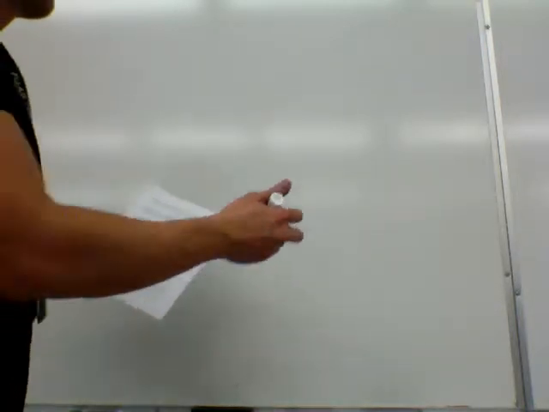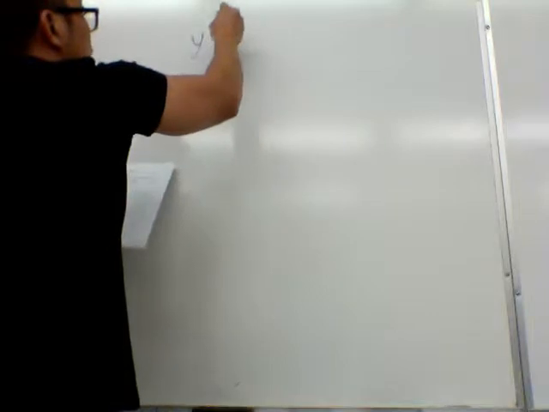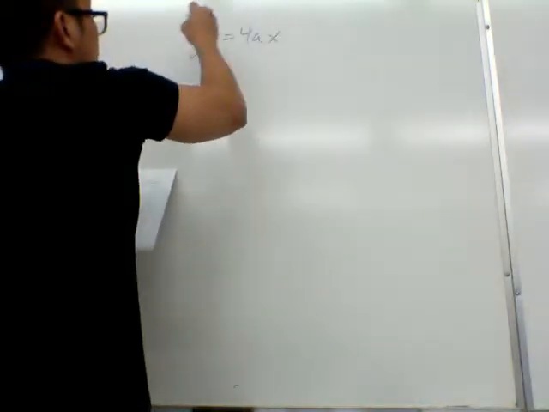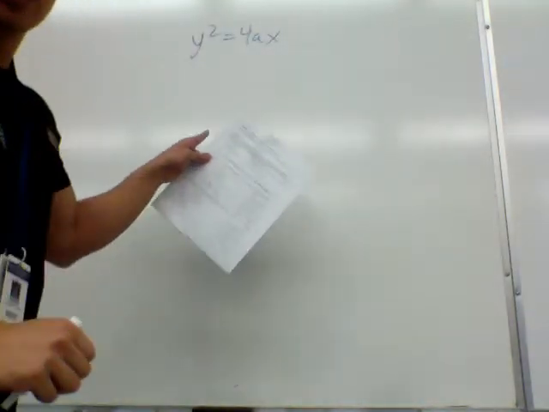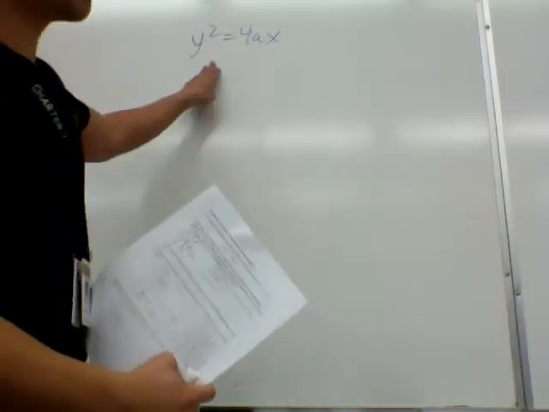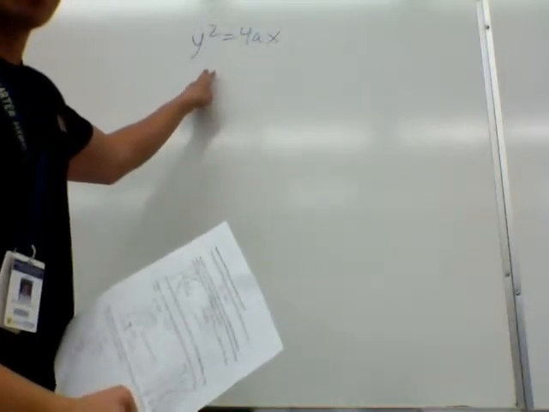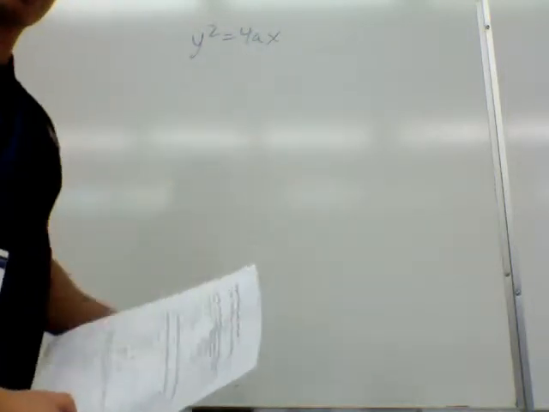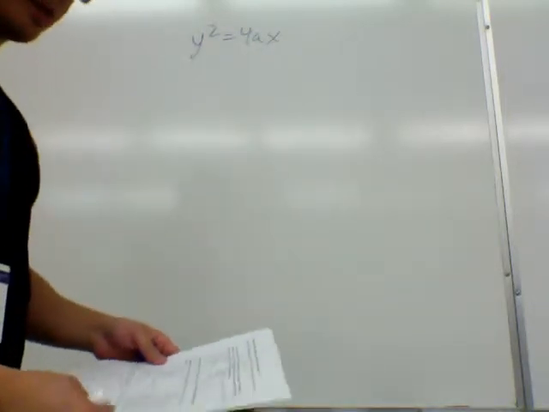So we're just going to write the formula again. y squared is equal to 4ax. I wanted to put this up here so you have it for the rest of the page. This is the formula that we're using if the vertex is at (0, 0) and our focus is to the right of the vertex.